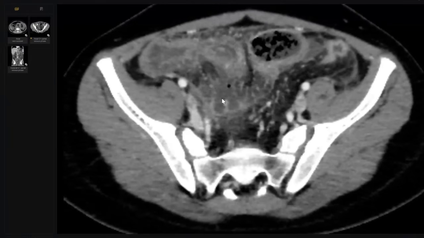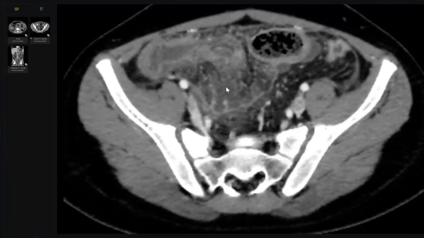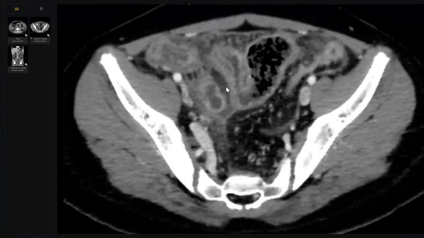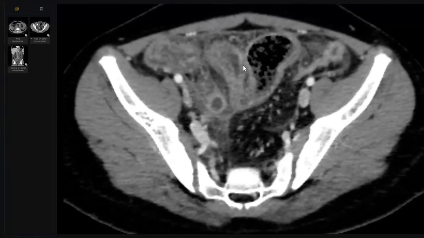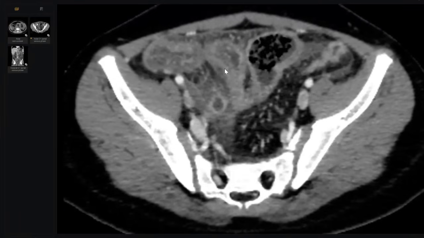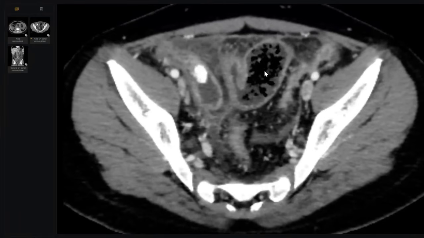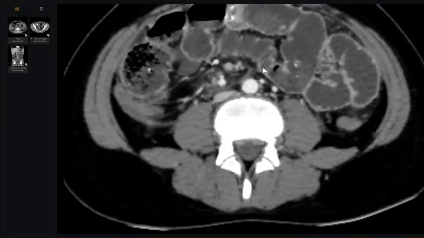Why? No wall here, and there are fluid and foci of air. What does it cause? It is very near this distal ileum. Distal ileum is markedly enhanced and thick with attenuated caliber, with proximal feces sign and IO, intestinal obstruction.